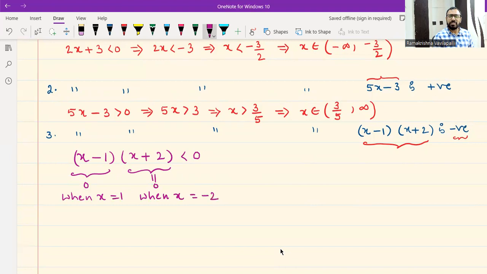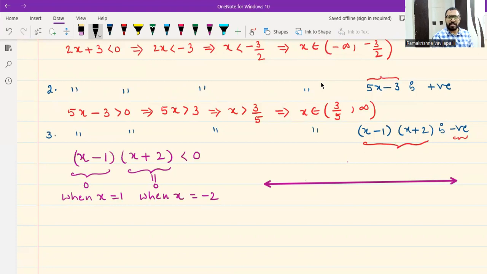Well, now let us plot these numbers on the real line. So plot 1 and minus 2 on a real line. So this is the real line. Plot these real numbers where each linear expression is 0.